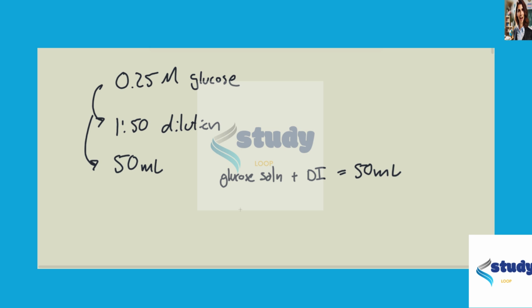But we also know that the glucose solution has to be 1/50th of the 50 mil. Like we need a 1 to 50 solution. That is to say 50 times the glucose solution has to equal 1 times our final solution in terms of concentration. Hopefully that makes sense.